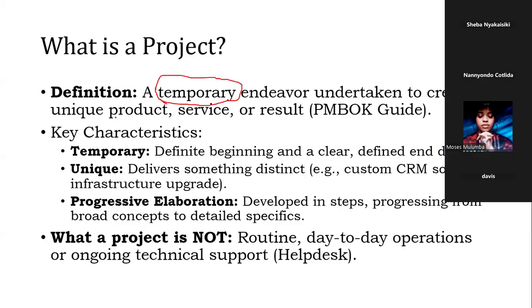You are attempting to create a unique product, service, or result. So yes, it is still in the area of ICT or IT, but it is something temporary. So the key characteristics is that being temporary, you have a clearly defined beginning and a clearly defined end.